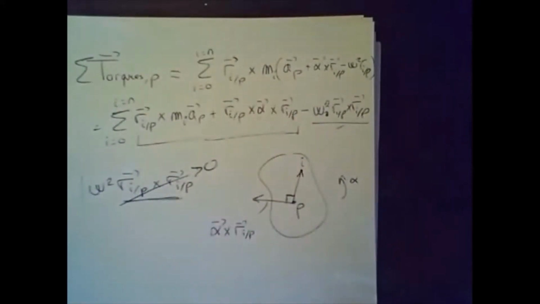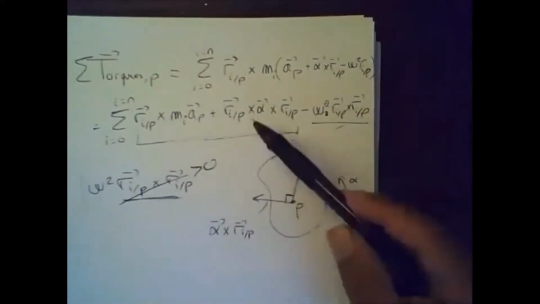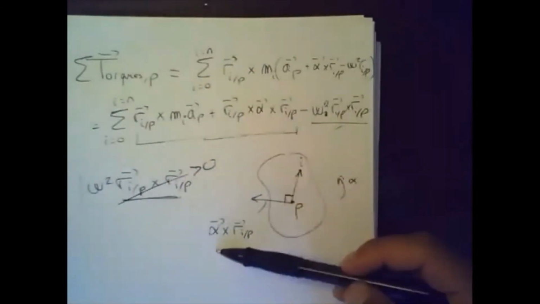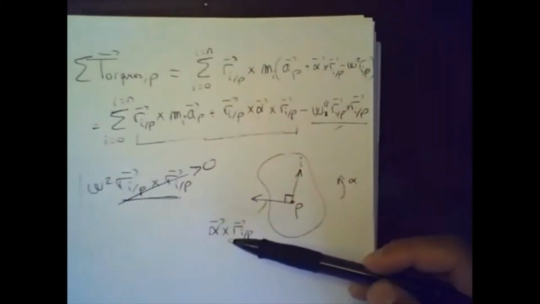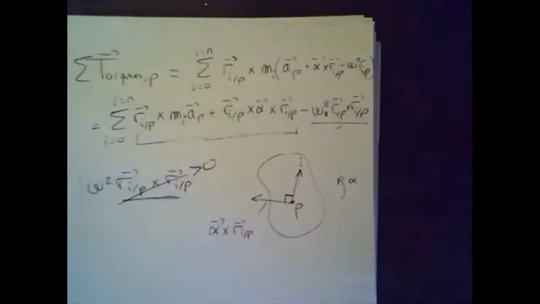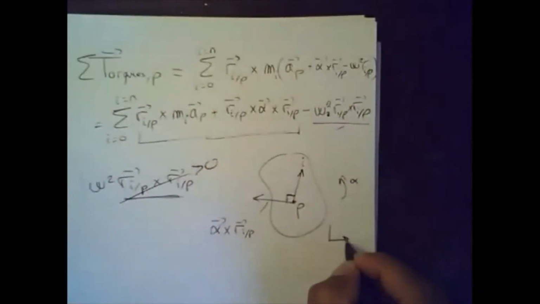Okay. And if I do it one more time, and I do R_iP cross this guy, what do I get? Can someone tell me? Maybe I'll help you. What if you have an i and j frame here?